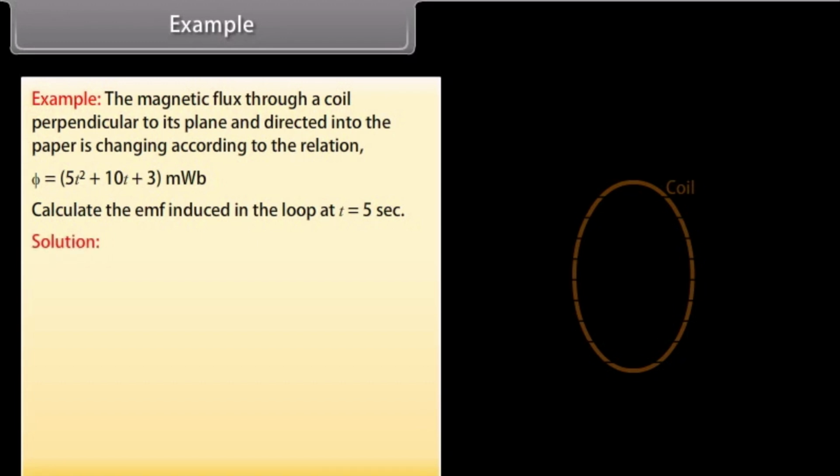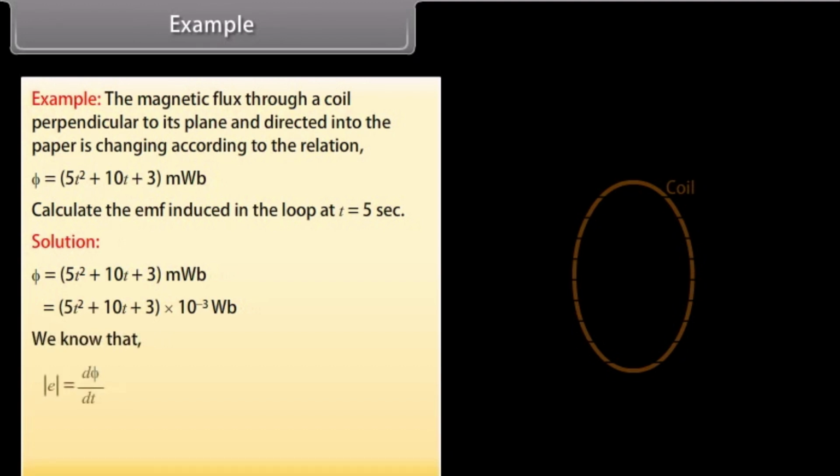Let's see the solution. Given phi is equal to 5t square plus 10t plus 3 milli Weber, it can be written as phi is equal to 5t square plus 10t plus 3, multiplied by 10 raised to the power minus 3 Weber. We know that E is equal to d phi by dt.